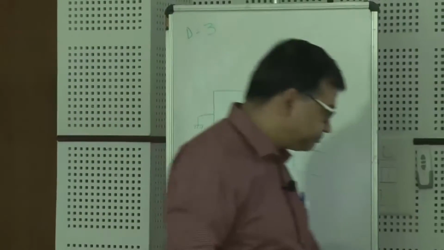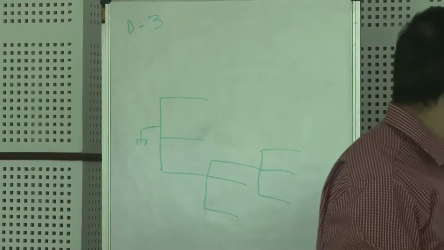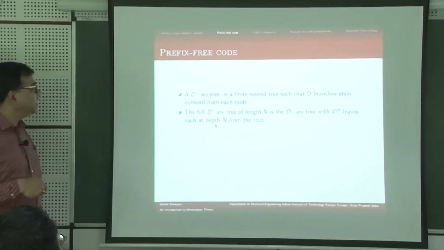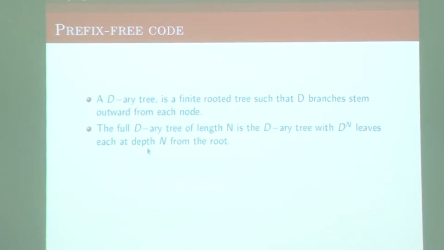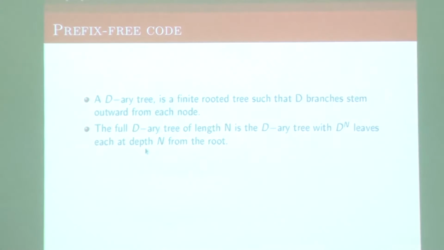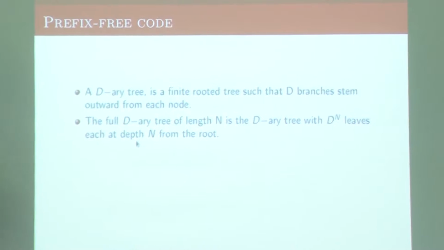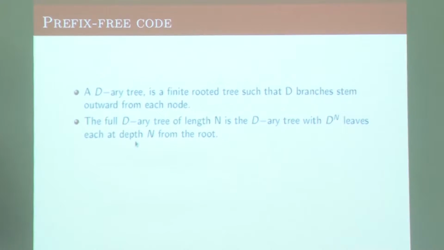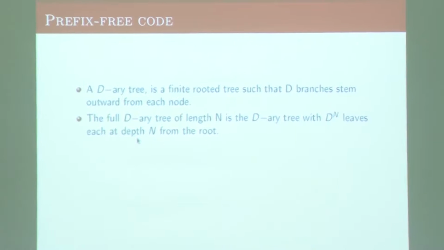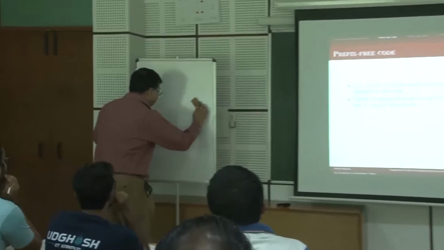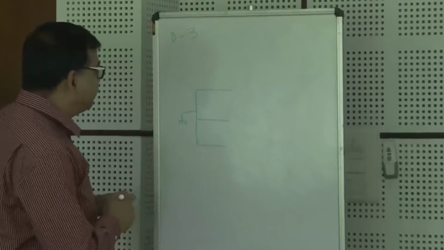Now, what is a full D-ary tree? A full D-ary tree of length n is a D-ary tree with D to the power n leaves, each at depth n. So, a full D-ary tree is a tree which is full blown. If you take this example, this is depth 0.